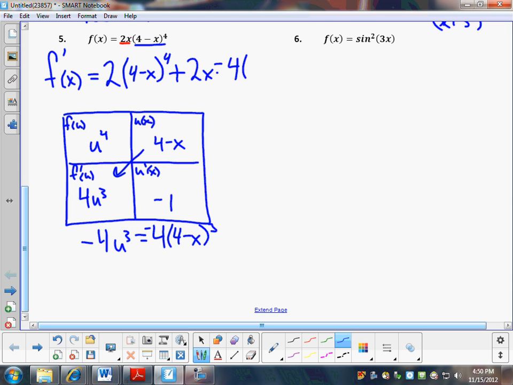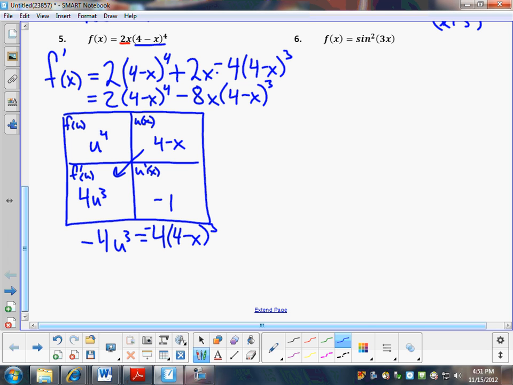So negative 4 times 4 minus x to the third power. So my result, 2 times 4 minus x to the fourth power minus 8x times 4 minus x to the third power. There we go.